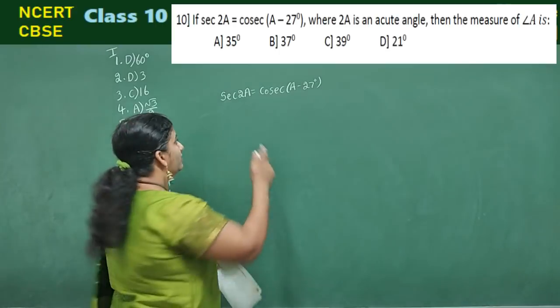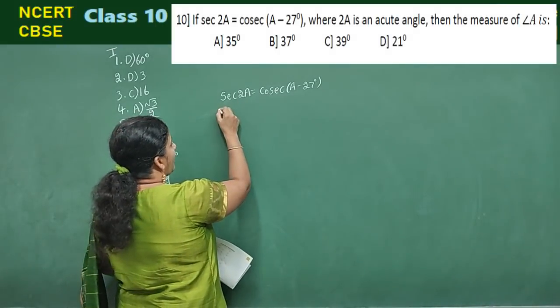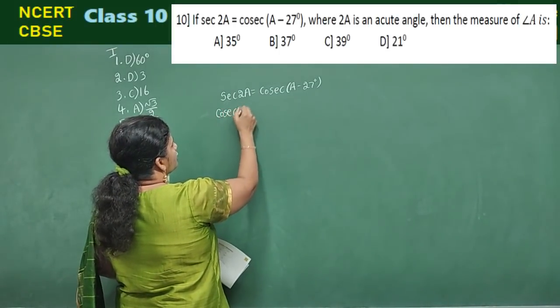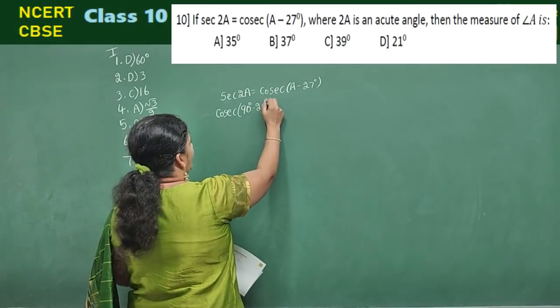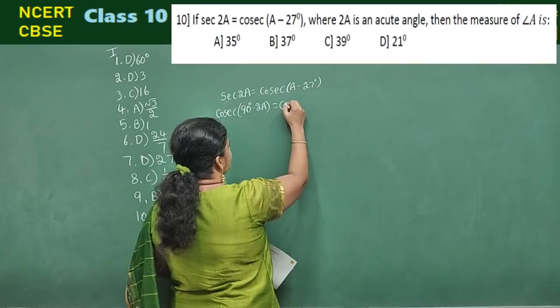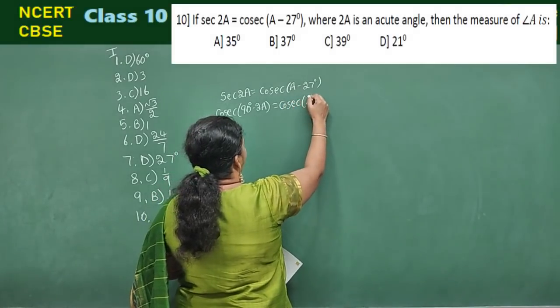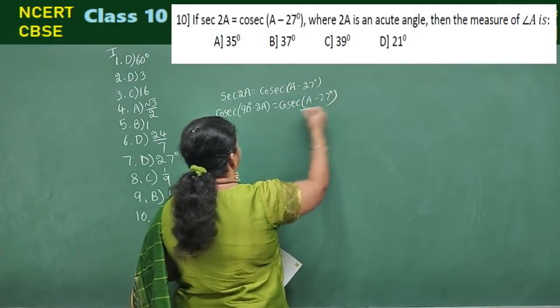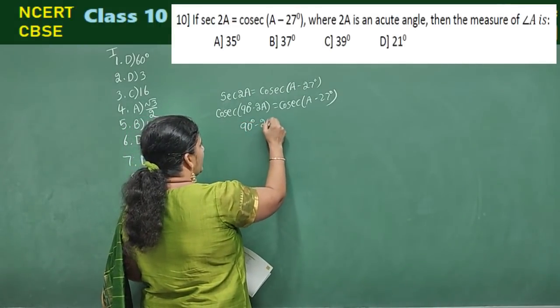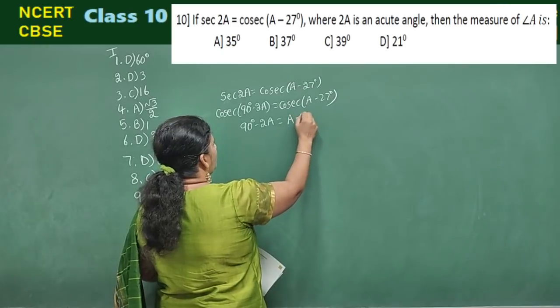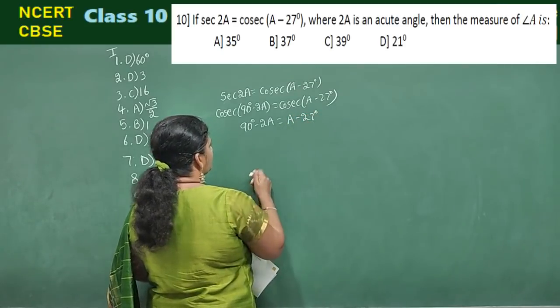Secant, cosecant. Instead of secant 2A, I write it as cosecant 90 degree minus 2A. This one as it is cosecant A minus 27 degree. So both are equal. You can equate these. 90 degree minus 2A is equal to A minus 27 degree.